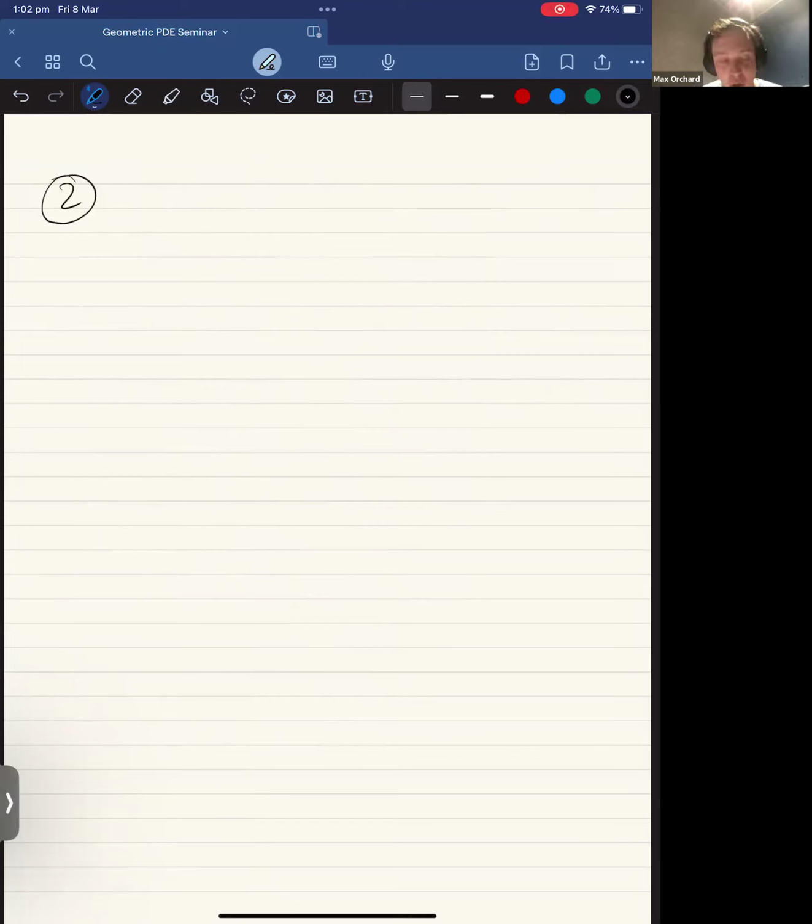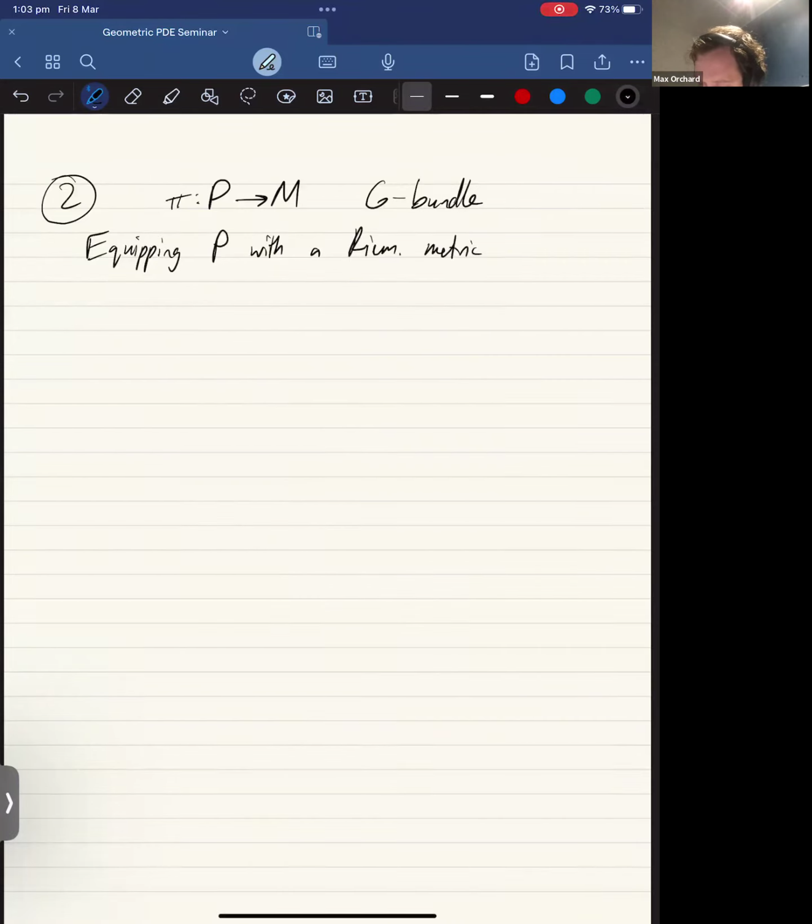Now, last example, I'm going to take some principal G bundle, and I'm going to equip P with a Riemannian metric. If we do that, now there is a natural way to split the tangent space.